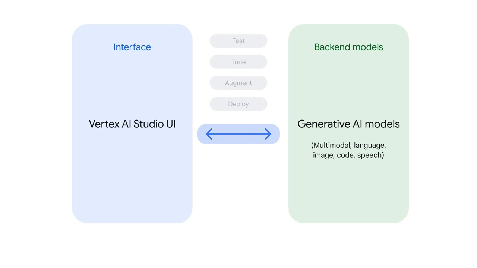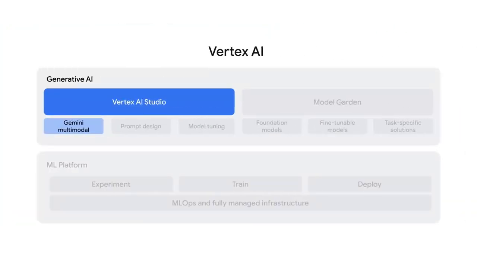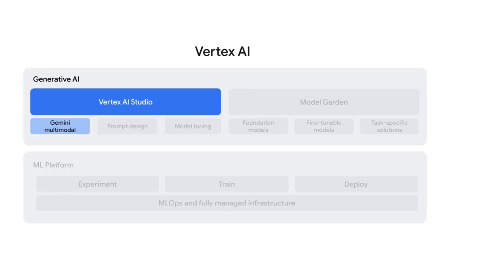It enables you to build Gen AI applications in a low-code or even no-code environment, where you can rapidly test and prototype models, tune and customize models using your own data, augment them with real-world, up-to-date information, and deploy models efficiently in production environments with auto-generated code. Let's uncover the capabilities of Gemini Multimodal and delve into practical ways to access it with Vertex AI Studio.